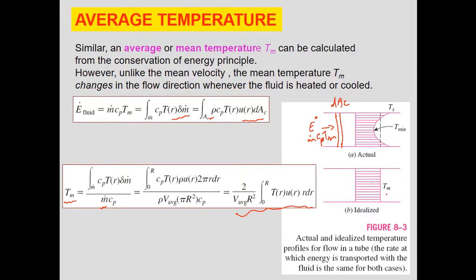This is Tm, as you can see here. Actually, the temperature of the fluid inside the pipe is something like this. The temperature of the surface of the pipe is Ts. The temperature of the fluid here is Tf, for example. And it will be something like this.